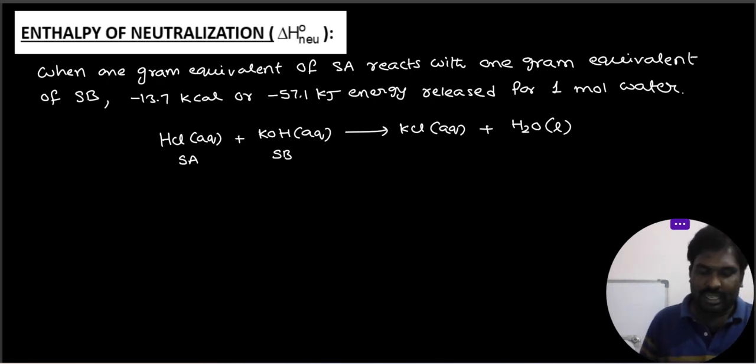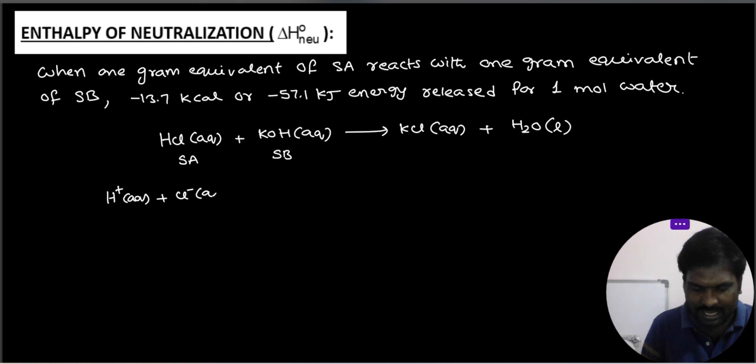Now, here HCl is a strong acid and KOH is a strong base. When HCl reacts with KOH, KCl plus water is formed. Now we can write HCl aqueous. How does it dissociate? H plus aqueous plus Cl minus aqueous, plus KOH.